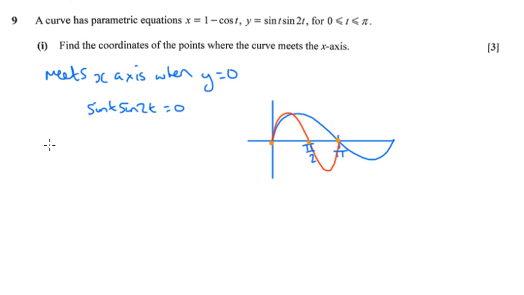So the three values where the curve will hit the x-axis are when t is equal to 0, pi over 2, or pi.